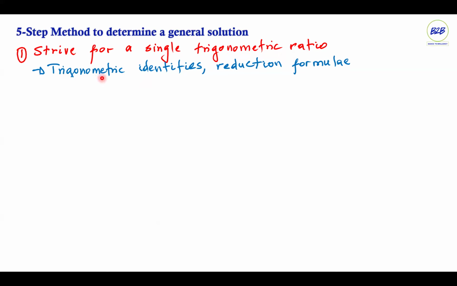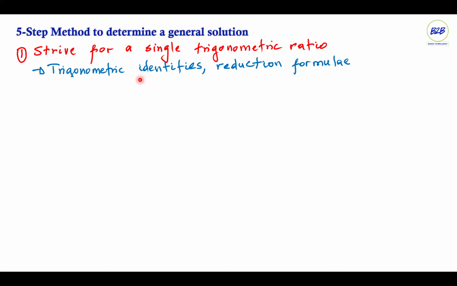So you can perhaps use trigonometric identities. For example, if you have sine squared x, you can replace that with 1 minus cos squared x. So those are trigonometric identities, and they were discussed extensively in episode 1, all of the trigonometric identities that we have.